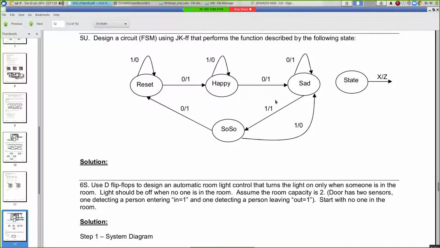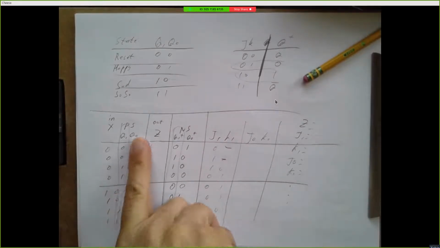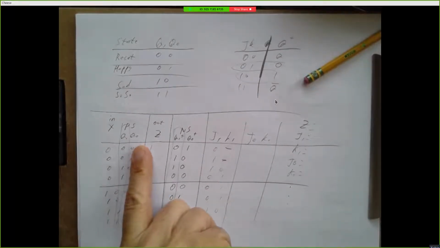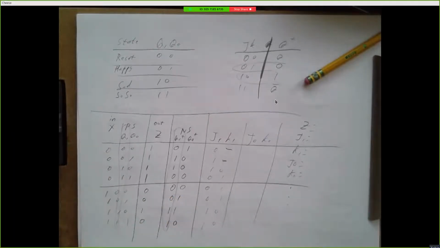Pretty much every time that I have done this in class, I have called my flip-flops Q1, Q0. The book will call them Y1, Y0, or sometimes Y2, Y1, or maybe Q2, Q1. I try to be totally consistent and always call them Q1, Q0, or Q2, Q1, Q0 if there's 3 flip-flops.